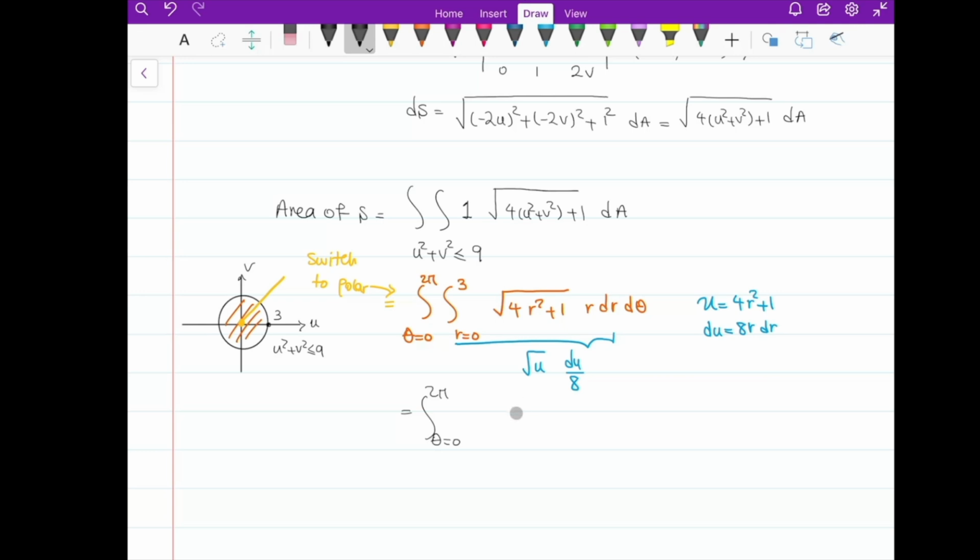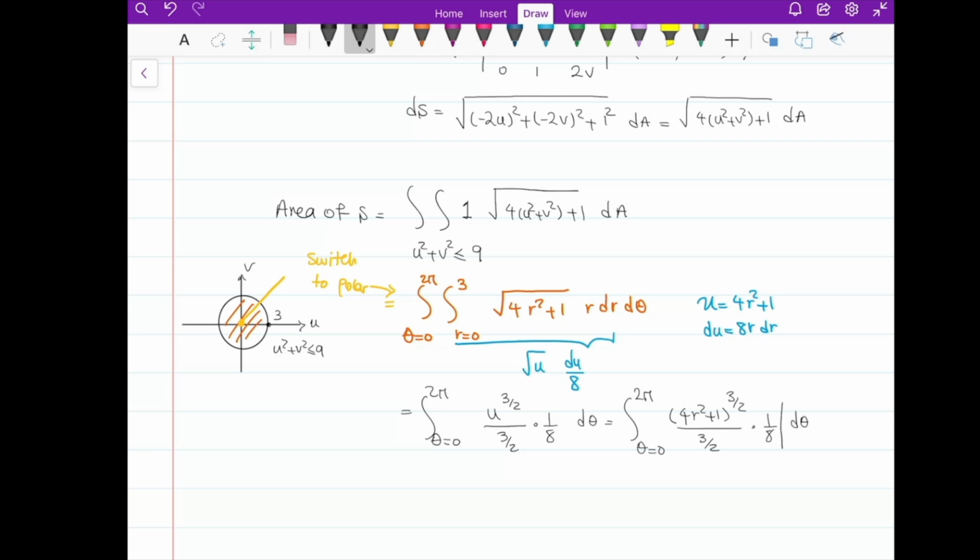So I'm going to take the integral. This would be u to the power of 1/2, so u to the power of 3/2 divided by 3/2 times 1/8, and then d theta, from 0 to 2 pi. Let's plug back 4r squared plus 1 in here, to the power of 3/2 over 3/2 times 1/8 d theta.